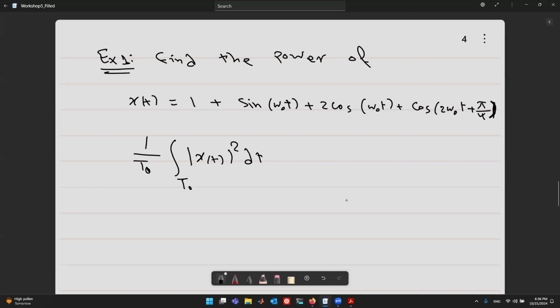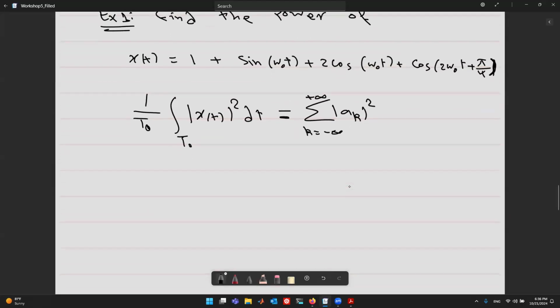Going to the frequency domain is much easier in this example. You take the sum over k from minus infinity to plus infinity of |a_k|^2. So here it's easier to represent the signal as a Fourier series, and then you just need to find the value of this summation to find the power of the signal.